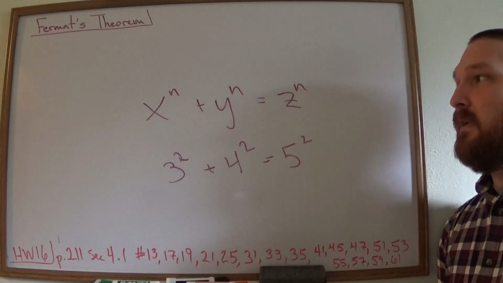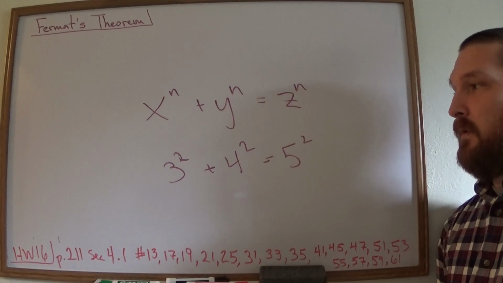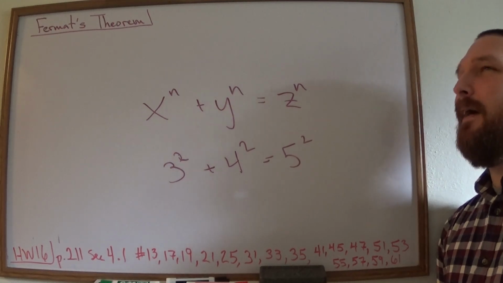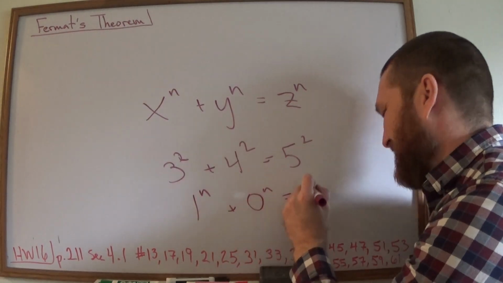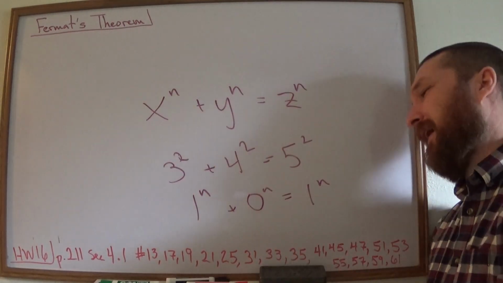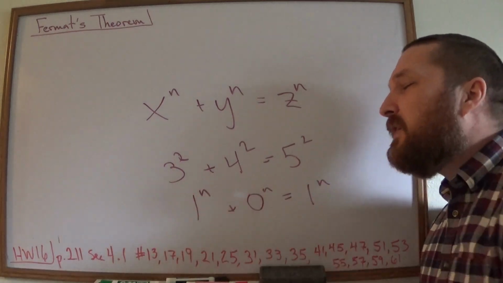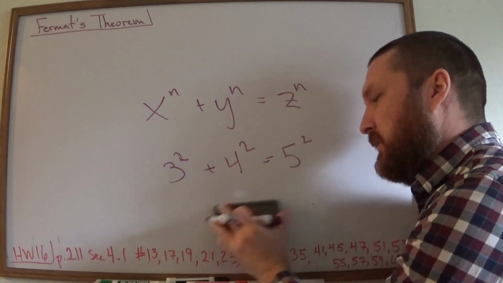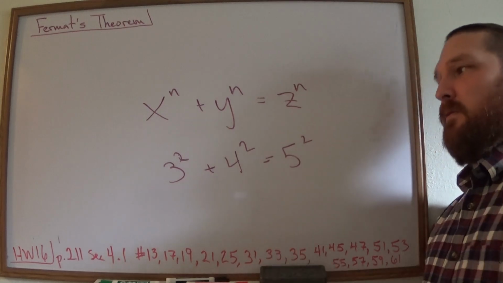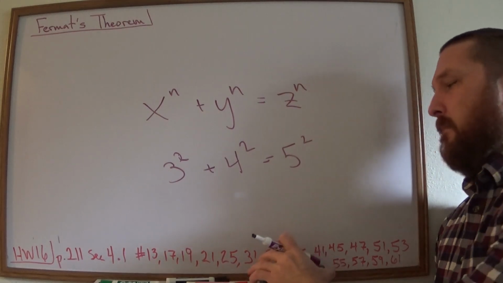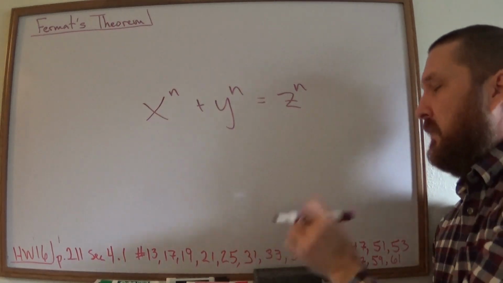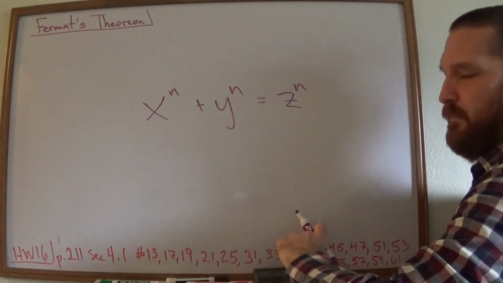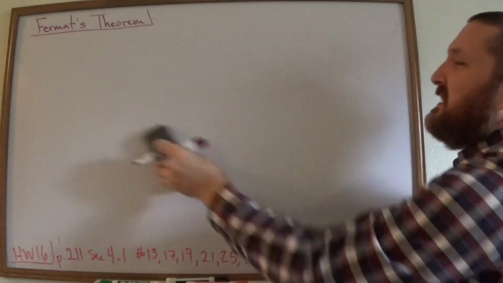What about when n is arbitrarily large? Obviously 1 to the n plus 0 to the n is going to be 1 to the n, but that's a trivial solution. Without the trivial solution, can you find any others that work? And Fermat, in his notes, was writing a bunch of math, because he's a mathematician.